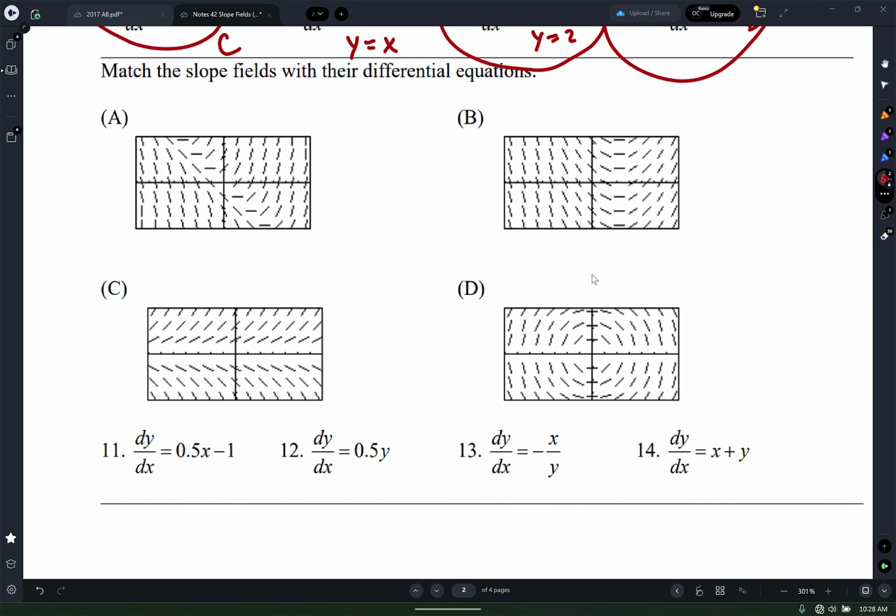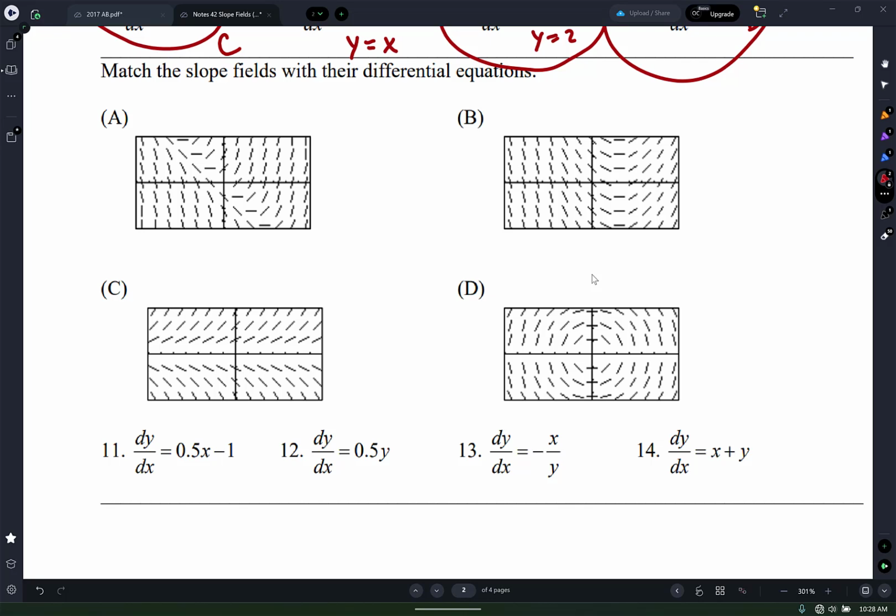All right, number 11. I'm going to look. Which one do you think it is? Yeah, you're right. How did you get B? Yes, that's what I did too. I did exactly what Estrada said.